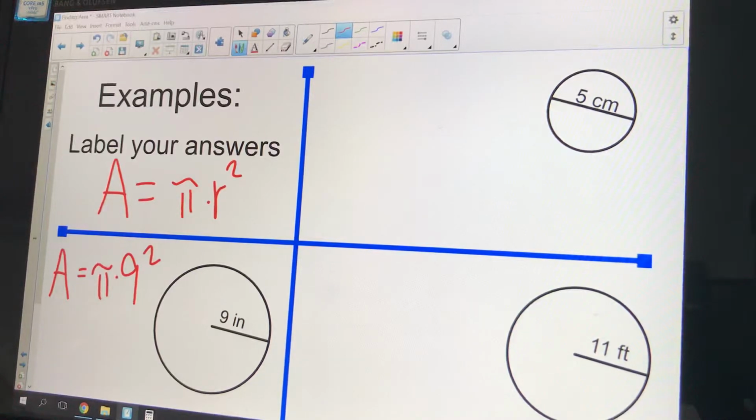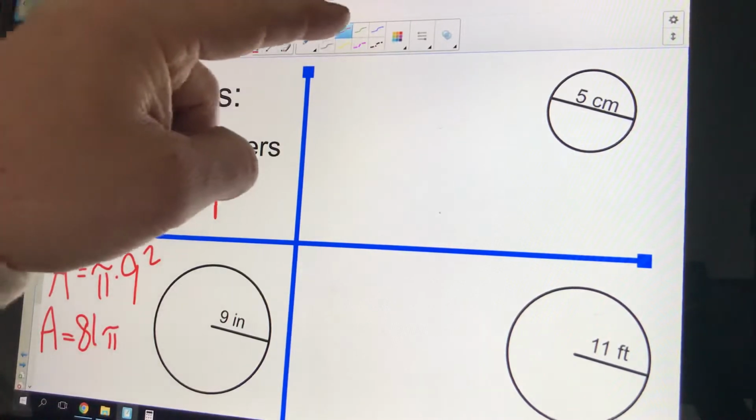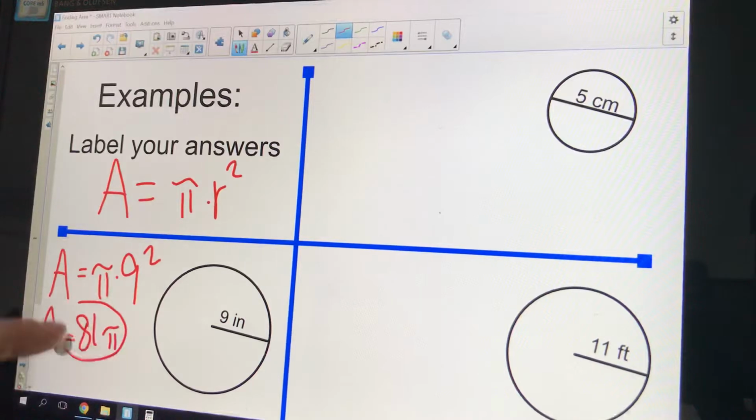According to what we've learned this year with the order of operations, or PEMDAS, I have to multiply with exponents before I multiply just straight numbers. So A equals 81 pi. Some of you might have been thinking that was going to be 18, but that's 9 times 2, not 9 times itself. So 81 pi. There's one of my answers.